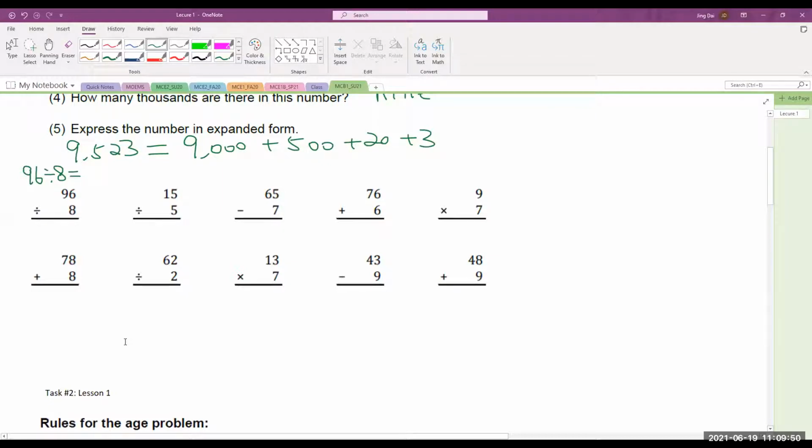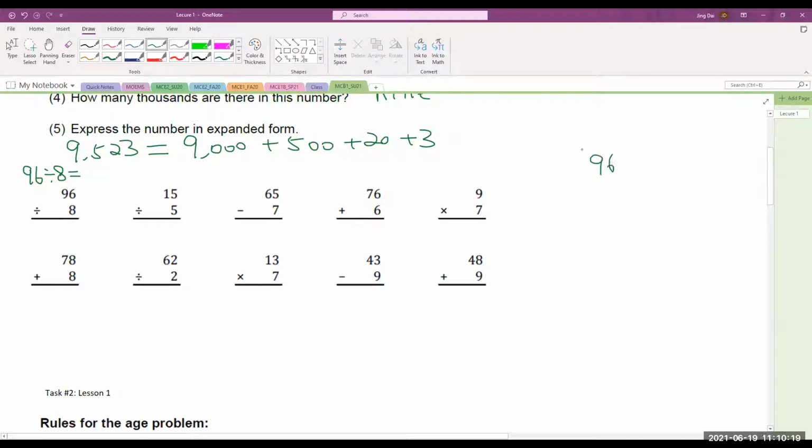Do you guys need a little bit more time, or can we start right now? We have some people that have not raised their hands yet. So Alan, you want to start with 96 divided by 8?